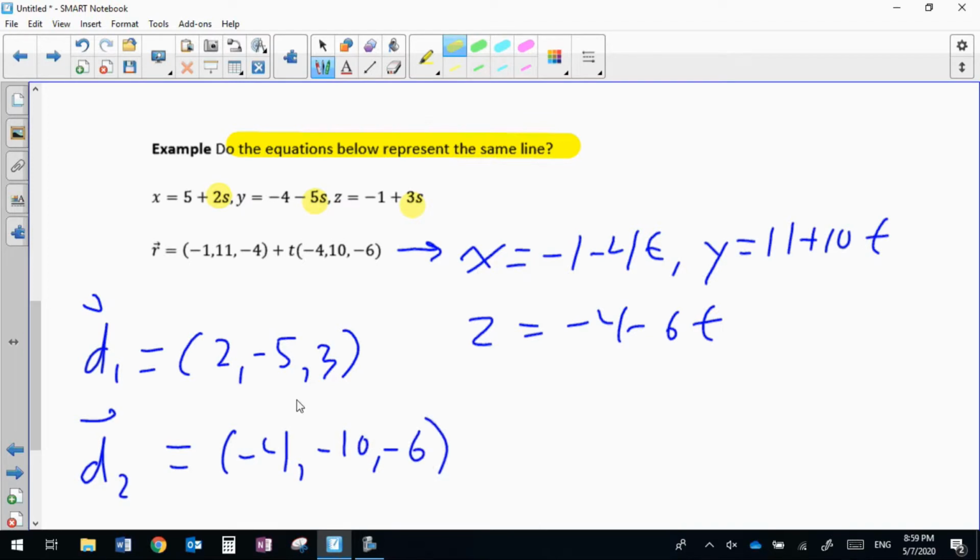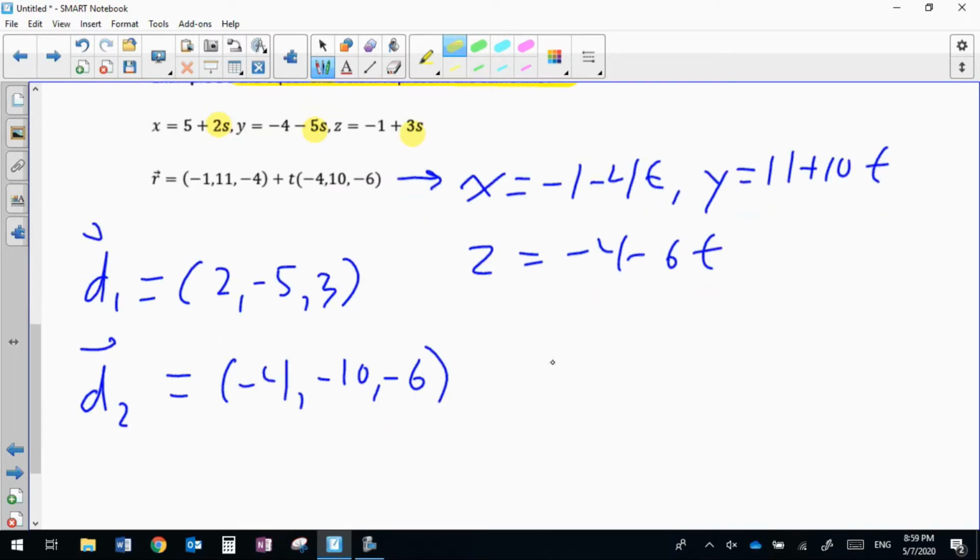They're not the same numbers, but they are scalar multiples of each other, which means they're collinear or parallel. If you take d1 and multiply it by negative 2, you do get d2. So they're parallel lines, that's for sure.